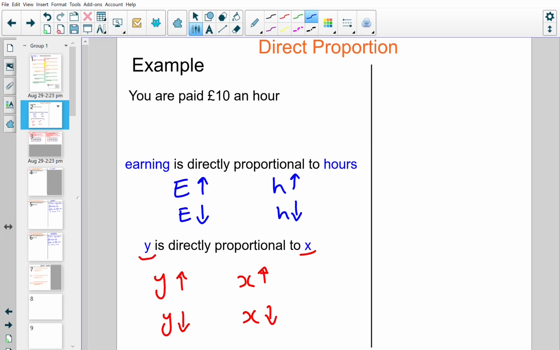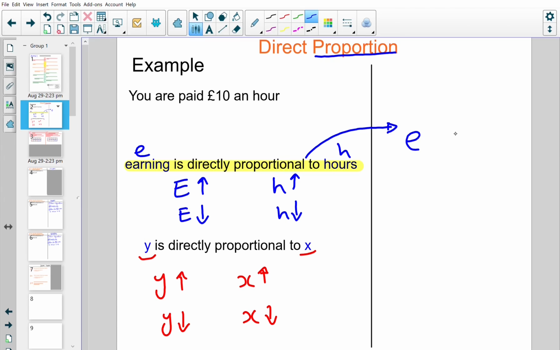Now, how do we express this mathematically? Let's take this for instance. Earning is directly proportional to hours. You're going to see a brand new symbol, which is the proportion symbol. How do we express this sentence mathematically? Watch carefully. E for earning, H for hours.